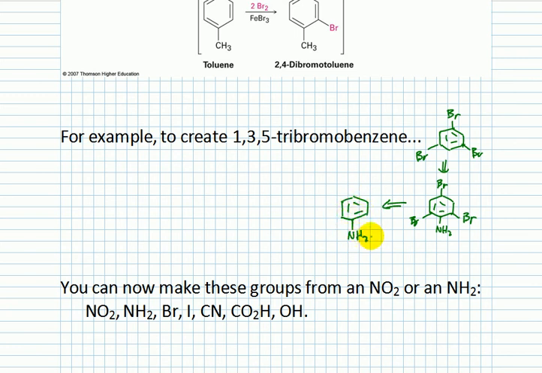NH2. We can't introduce aniline directly onto a benzene ring, so that has to come from nitrobenzene. And we saw in the electrophilic aromatic substitution chapter how to get a nitro group onto benzene, right? HNO3 and H2SO4, or HNO3 nitric acid.